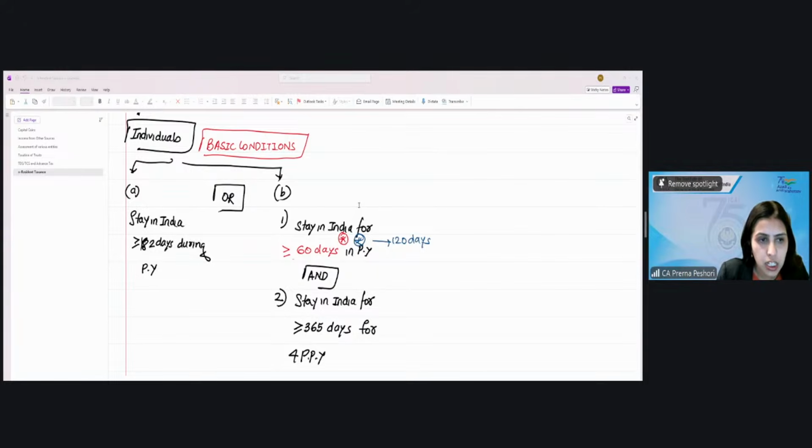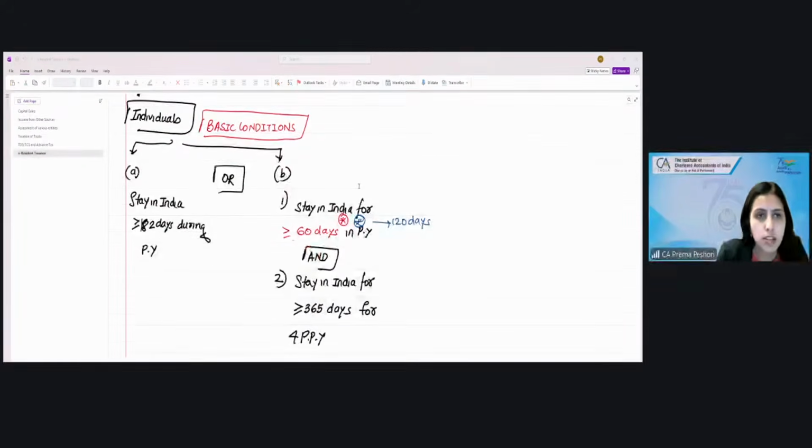Yes, Samnithan. So if either of these two conditions is satisfied, a person will be said to be a resident in India. You have to satisfy either A or B.